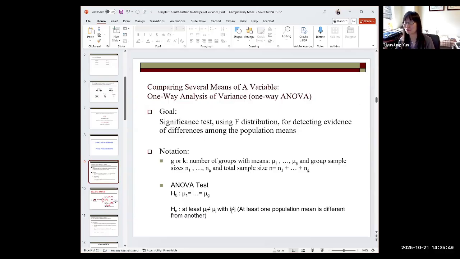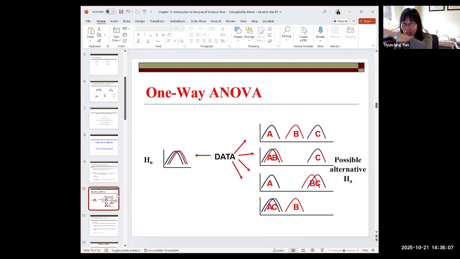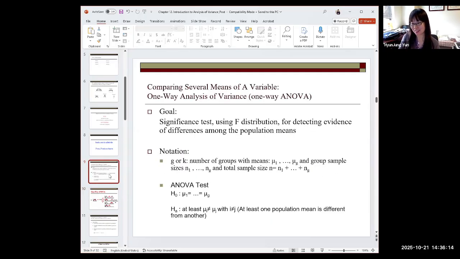If we write it in plain English, we can say at least one population group's mean, or whatever you're measuring, has a value that is different from another. That's how you can write it up in order to cover all the possibilities of the hypothesis and significance. So that's what you do for the ANOVA test. Any questions so far in terms of hypothesis?